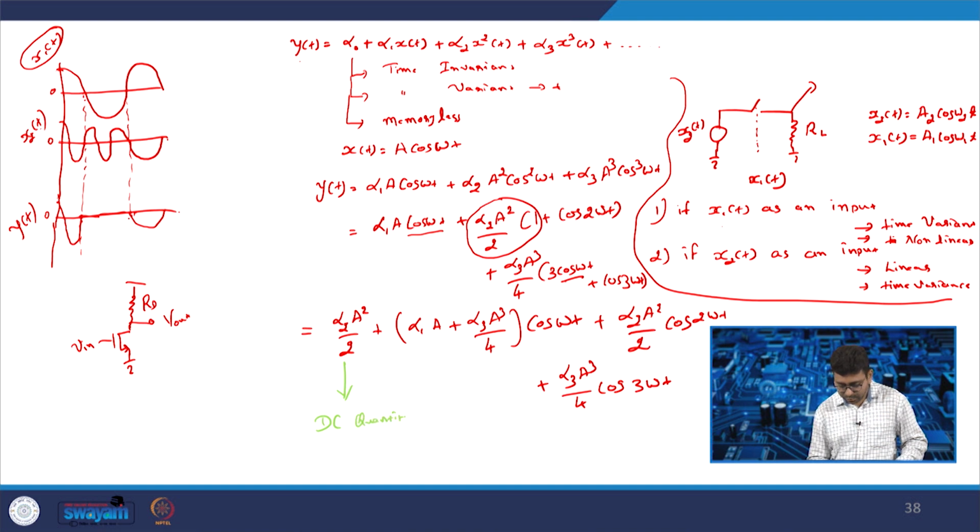Because cos omega t is the fundamental harmonic, we are interested to understand what is the change in amplitude in the fundamental harmonic.